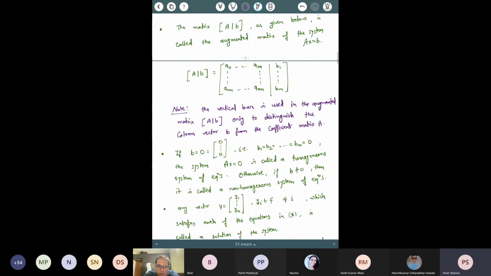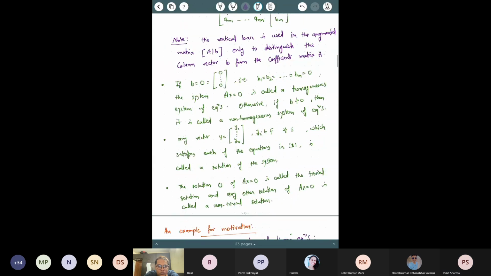If all the elements of the vector B are 0, then this system, which now looks like AX equal to 0, is called a homogeneous system of linear equations. When B is non-zero, that means if any of these bi is non-zero, then it is called a non-homogeneous system of linear equations, right?